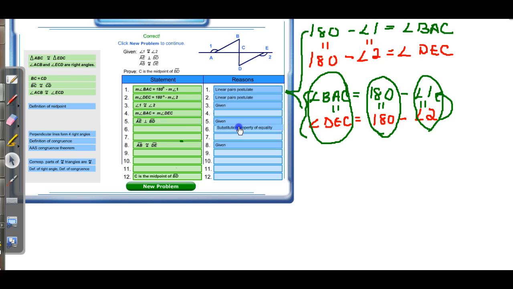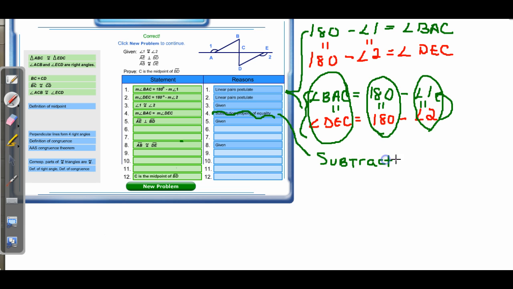Substitution property of equality. So, like I said, I wouldn't use that. I would use just the subtraction, I would call it the subtraction property of equality.